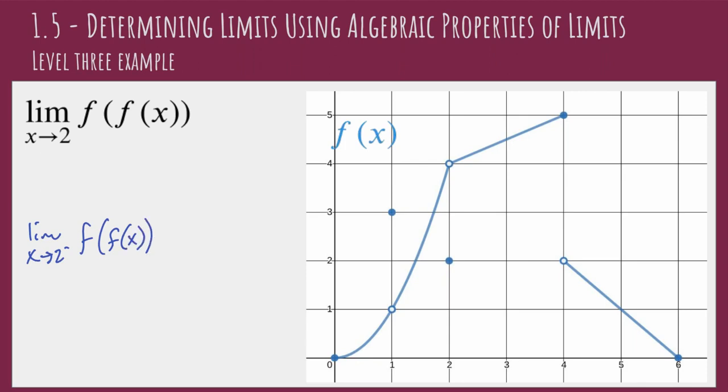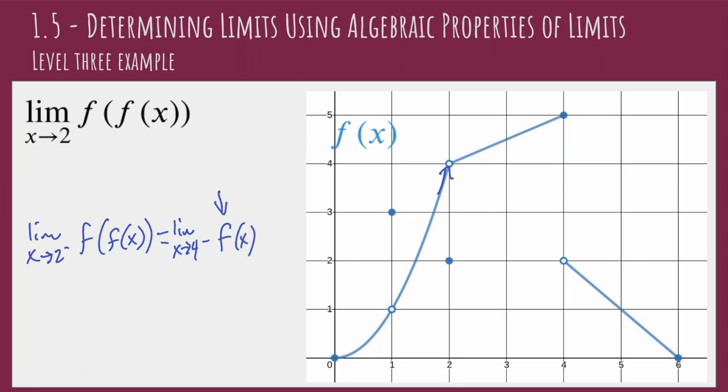So when we take the value of 2 and plug it into the inner function, from the left we're going to be approaching 2, I'm sorry, we're not approaching 2, we're approaching 4. But we're approaching 4 from below. So this is going to be the same as the limit as x approaches 4 from the left, okay, because we got values that are a little bit smaller than 4 of f of x.